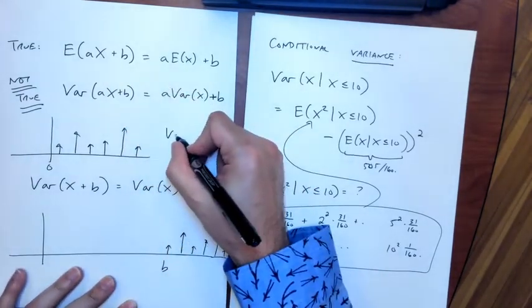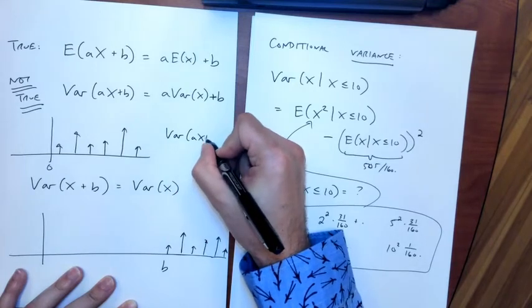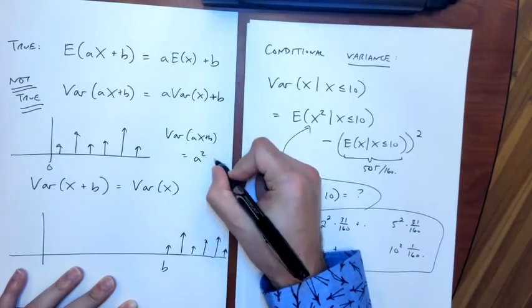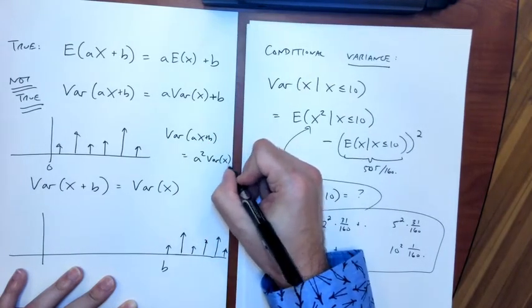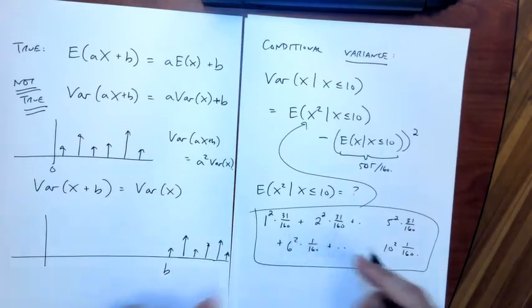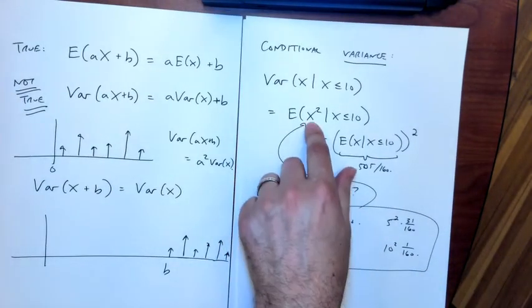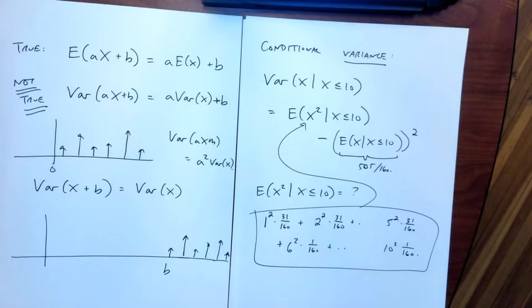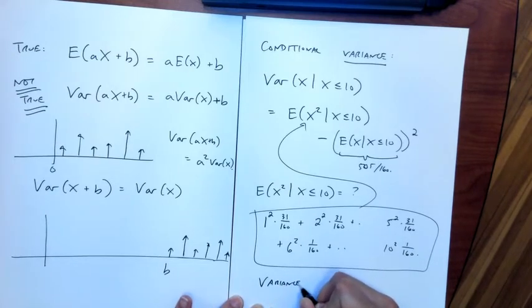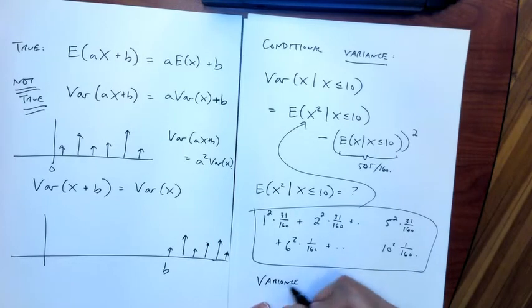What the actual answer is, right? So the variance of ax plus b is just going to be a squared times the variance of x. If you think about it, you've got a factor of a in here that you can pull out of this expected value. So let me just kind of say, remember that variance acts differently, right?